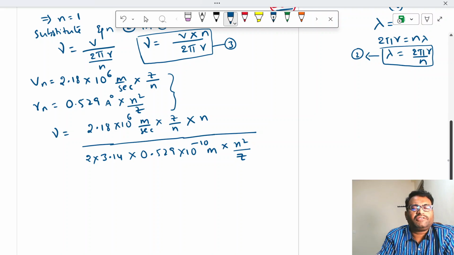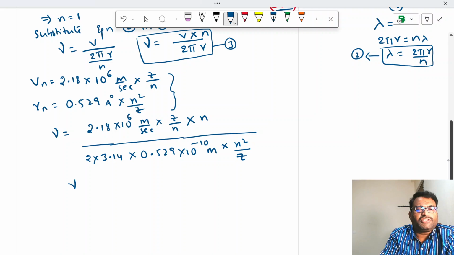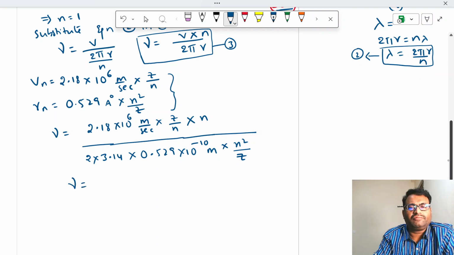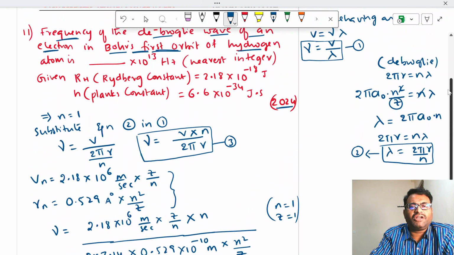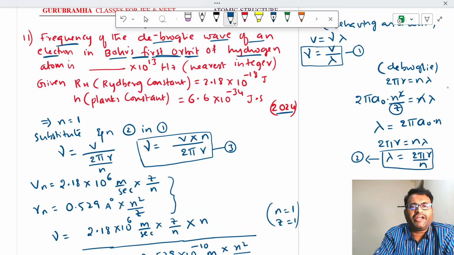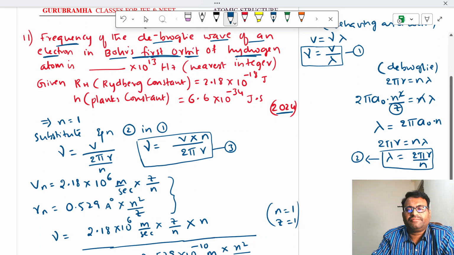On substituting these, n is equal to 1 and z is also equal to 1, because in the question we are asked about the first orbit of hydrogen. For hydrogen, atomic number is equal to 1, and first orbit means n is also equal to 1.